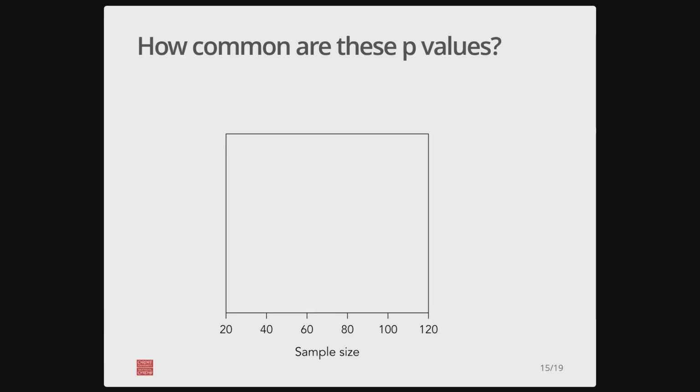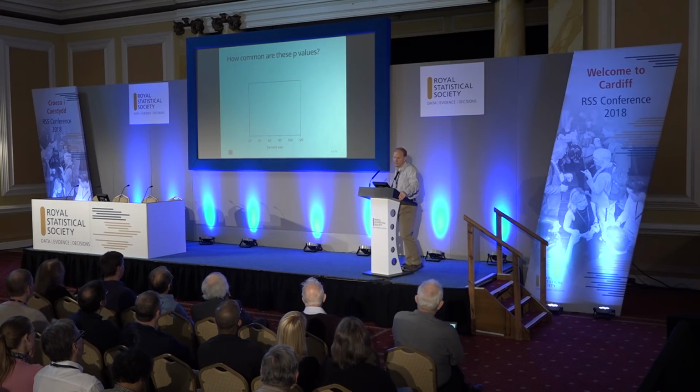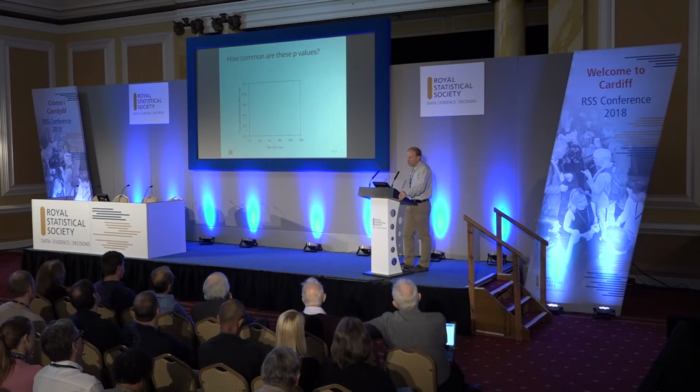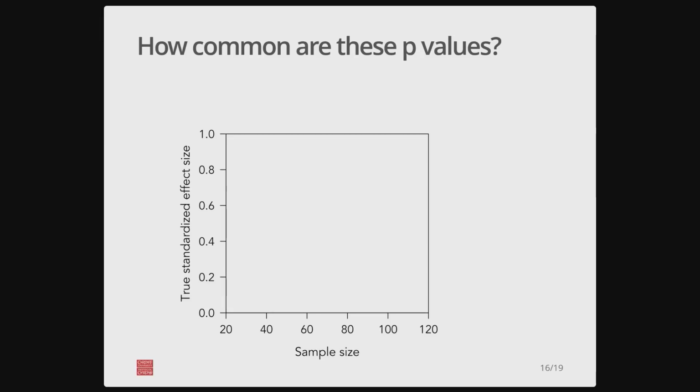What I'm going to show you on this graph is a very simple t-test example. One sample t-test. Here's my sample size. I'm going to increase the sample size there on the x-axis, and I'm going to also manipulate the true standardized effect size from between 0 and 1. So, I mean, this is the only range I need.